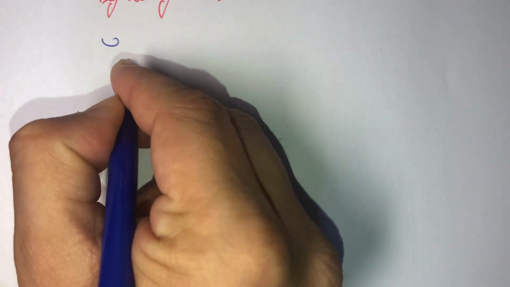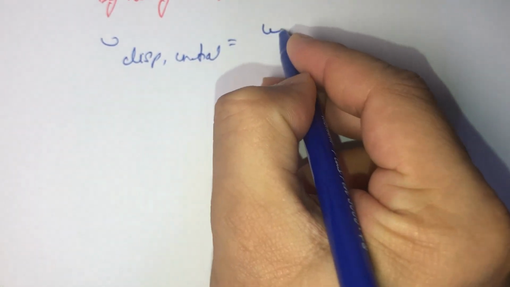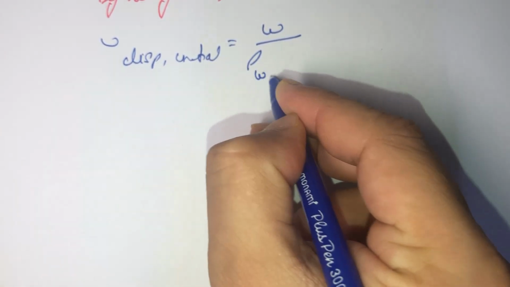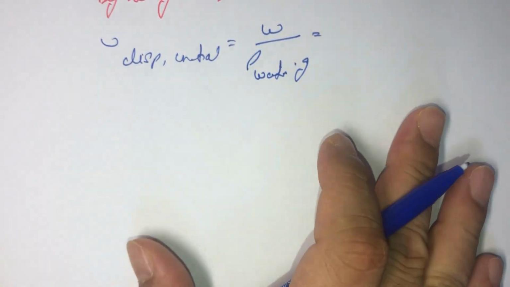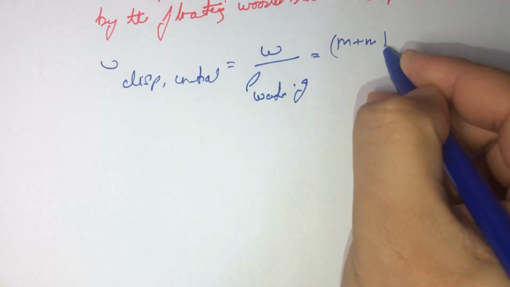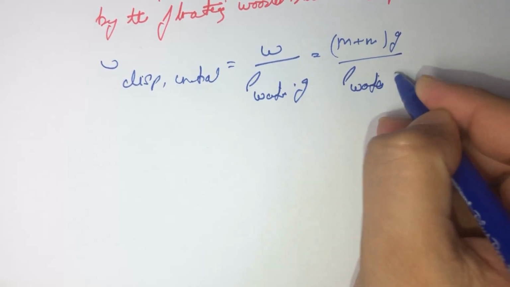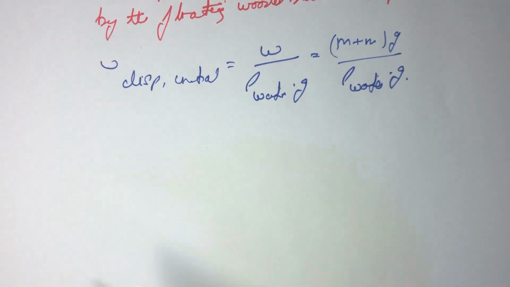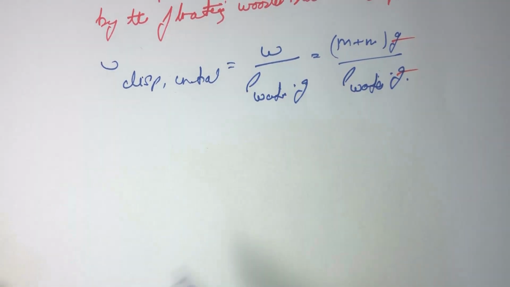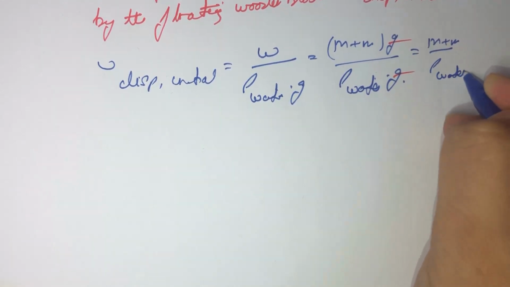V displaced initial will be equal to weight divided by density of water multiplied by g, and weight will be equal to M plus small m multiplied by g. So g and g cancel out, and this comes equal to M plus small m divided by density of water.